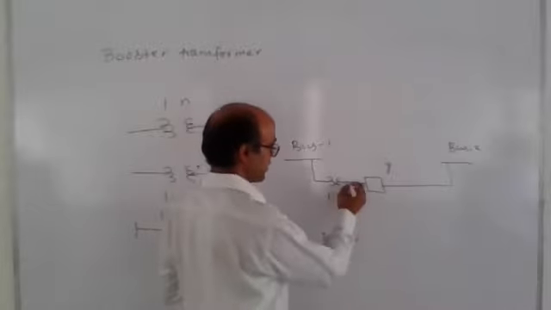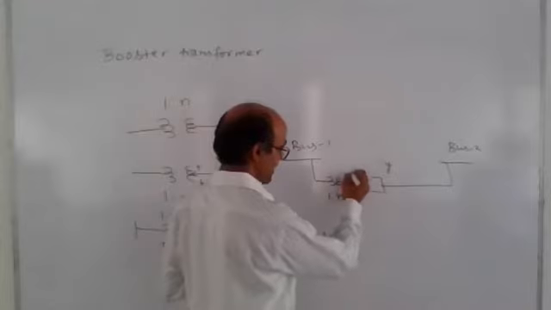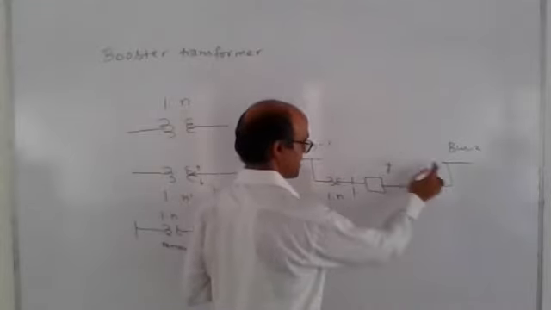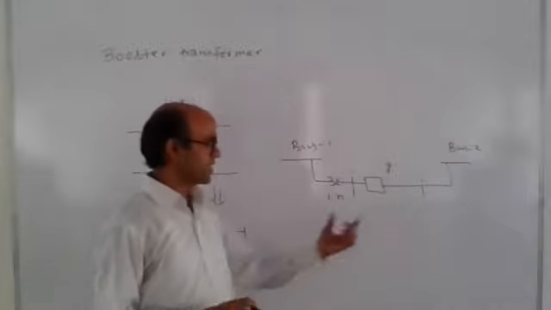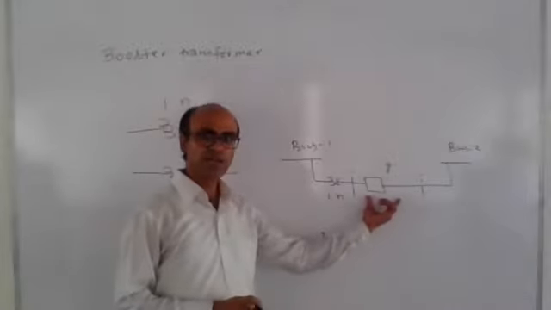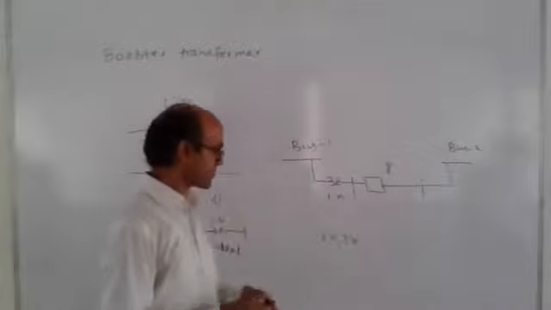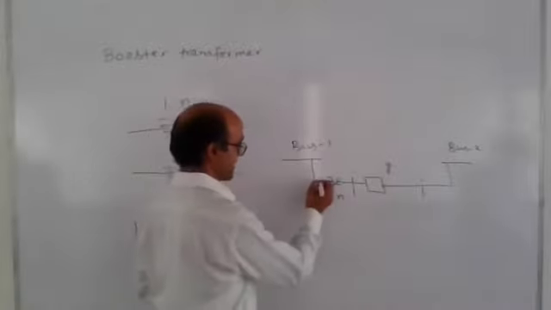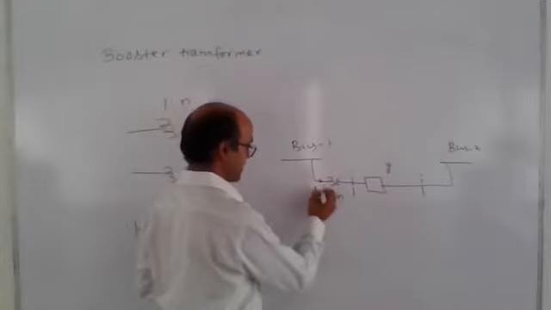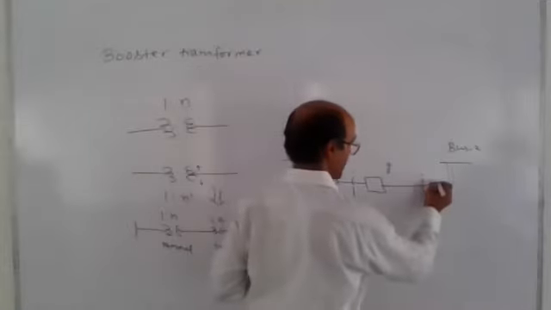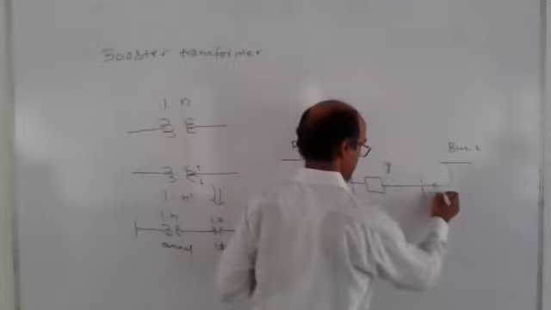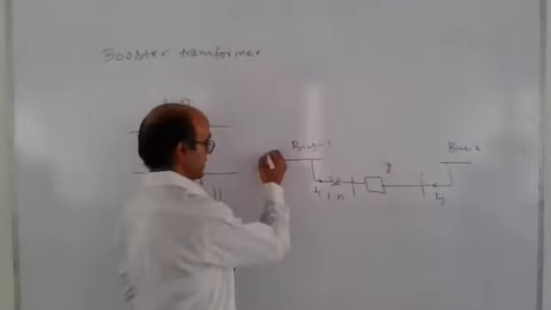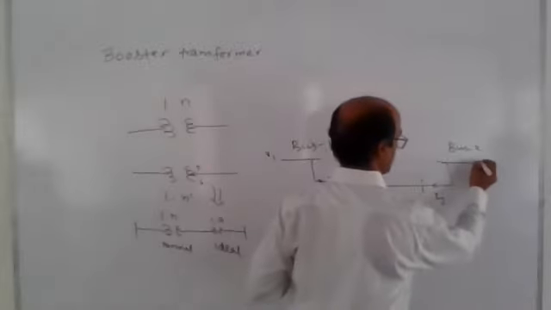Similarly, if you find the injected current and terminal voltage at these two terminals, then you can easily find the Y-bus. So I am assuming the injected current is Ii from this side and Ij from this side. Here voltage is V1, here voltage is V2.